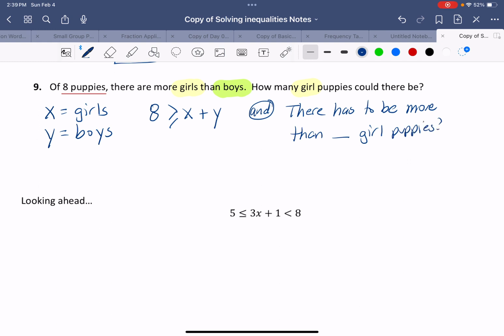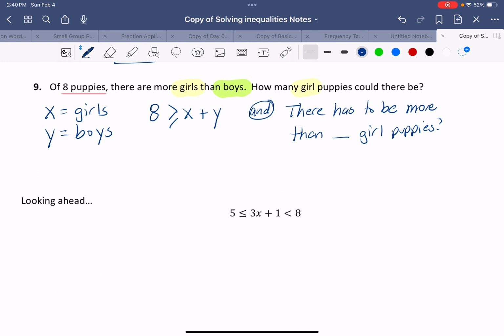What number is that? Well, if there are more girls than boys, can I have 0? No. Because if I had 0, then there'd be 8 boys. So then if I have 1 girl, I'd have 7 boys, and so on. And so when you look at the halfway point, if I had 4 girl puppies, that means I'd have exactly the same number of boy puppies, which is 4 boy puppies.